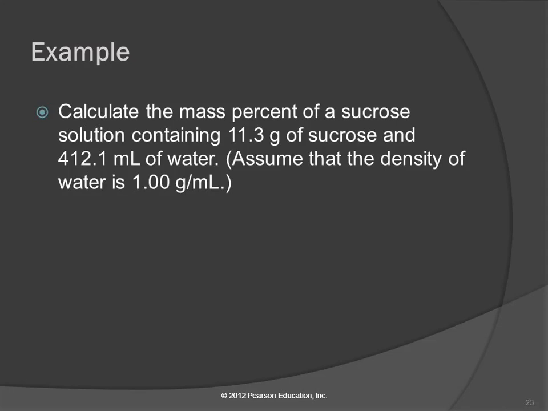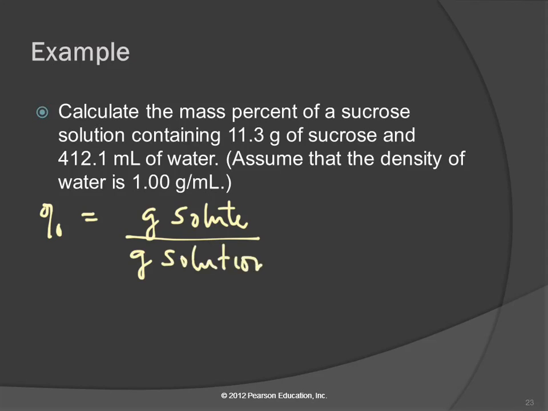So mass percent. We say, okay, well, they want mass percent. What is mass percent? Well, mass percent is going to be grams of solute divided by grams of solution times 100. Well, what's the mass of the solute? What is the solute?